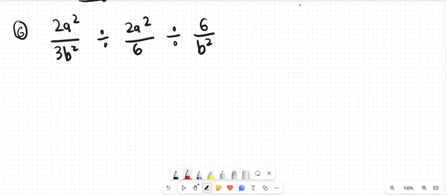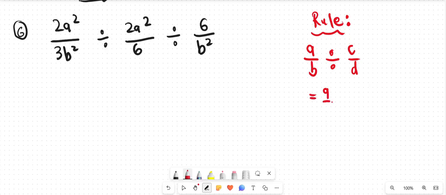One rule you need to be really familiar with, and I think you learned this in grade 8 or grade 9, is that where it says a over b being divided by c over d, I keep the first fraction, change the division into a multiplication, and switch the second fraction.